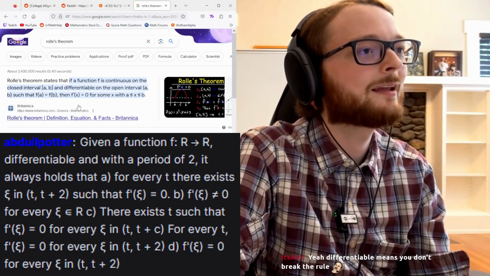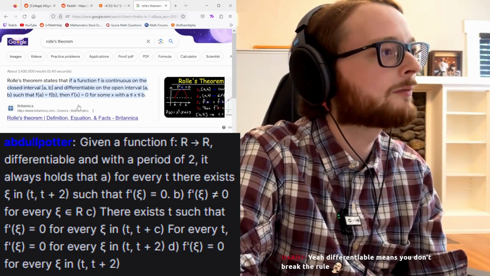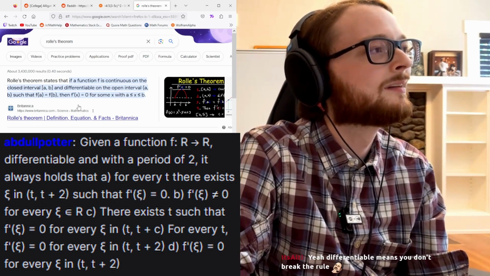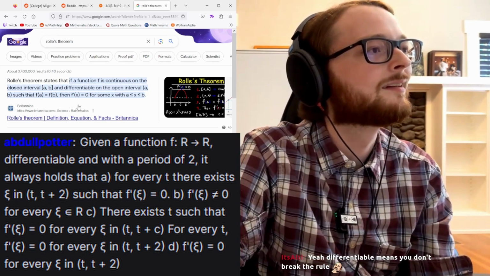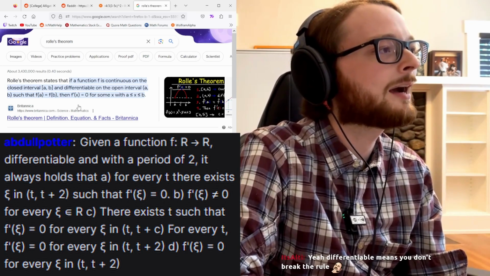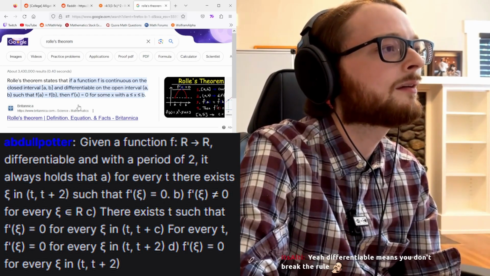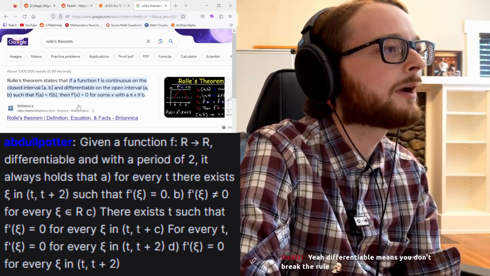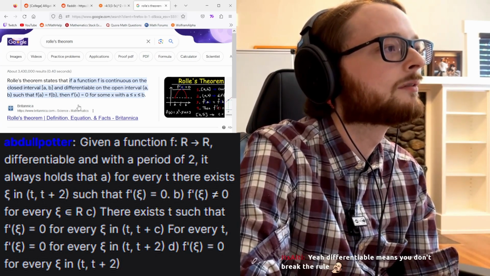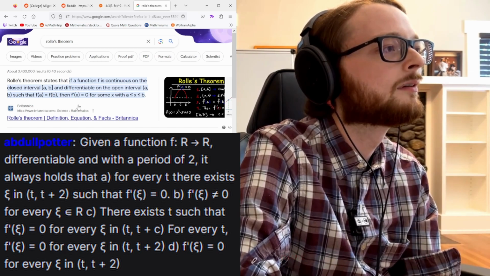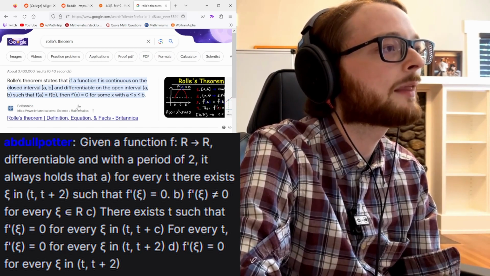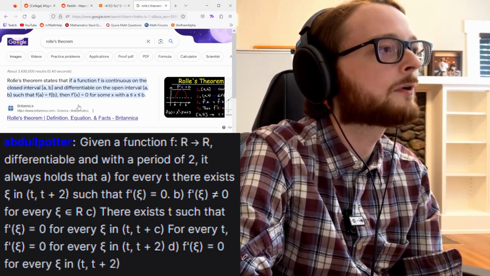I guess it has to be continuous for it to be differentiable. Can we find a counterexample for B and C? D, I think, is just right out, unless you have a constant function. But that doesn't always hold, because it only holds for a constant function.